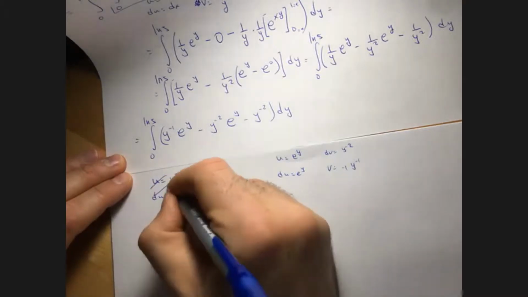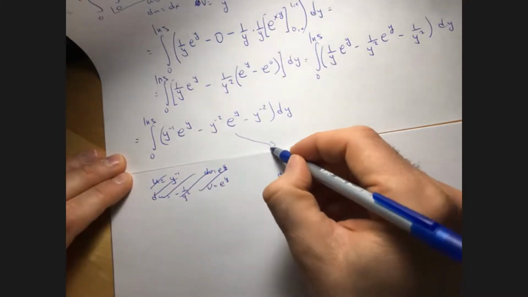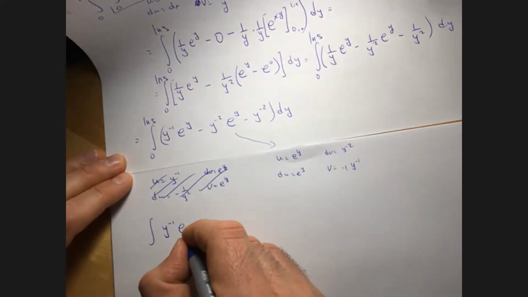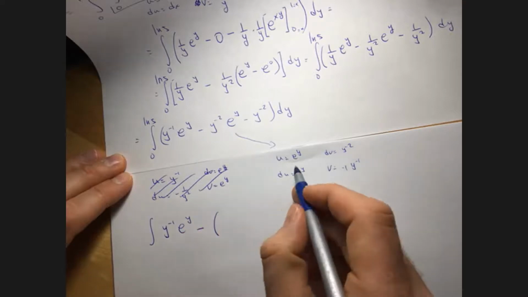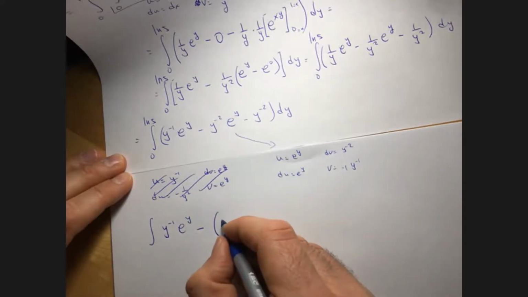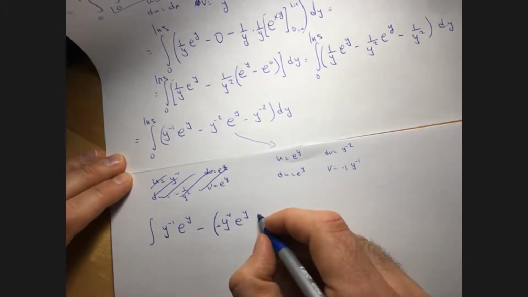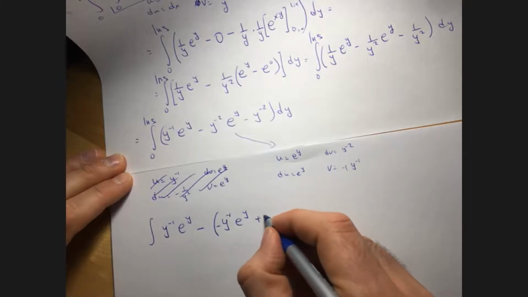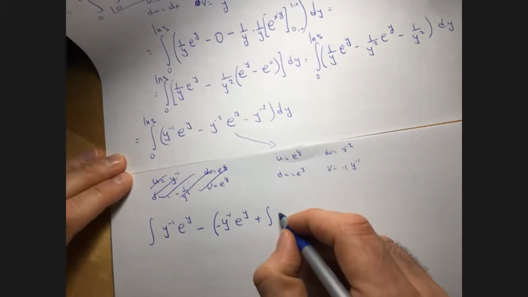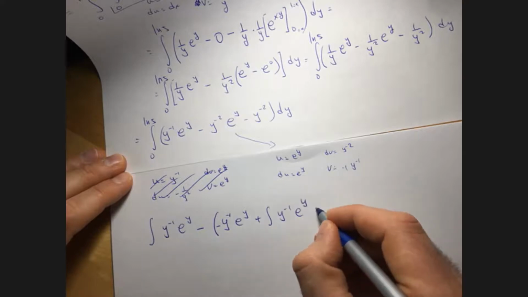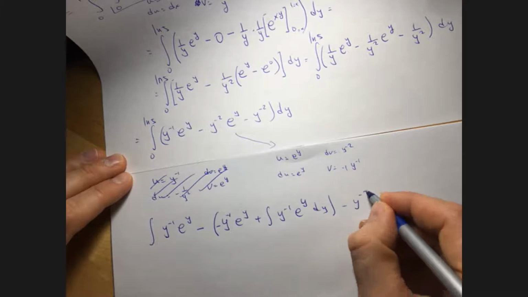So if I just use, for the second integrand, I use this, I get y to power -1 e to power y minus negative y to power -1 e to power y plus the integral of -1 e to power y dy minus y to power -2 dy.